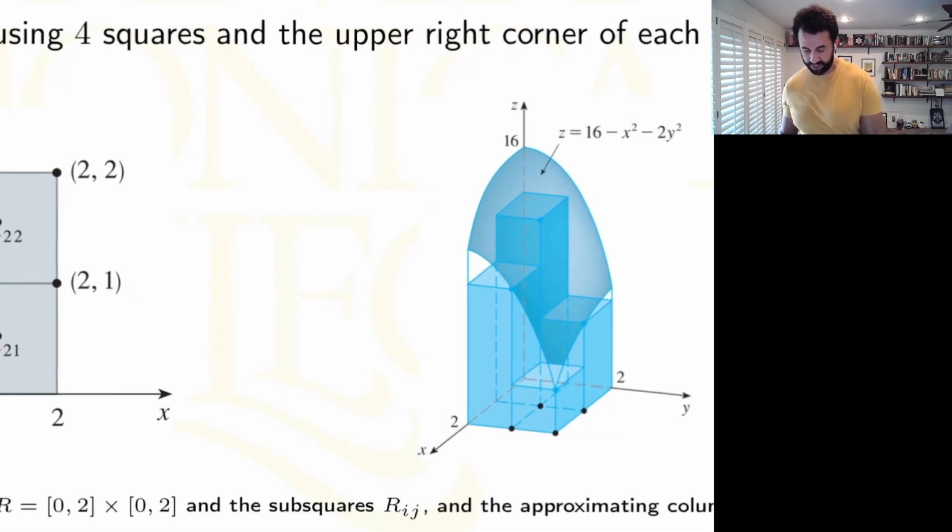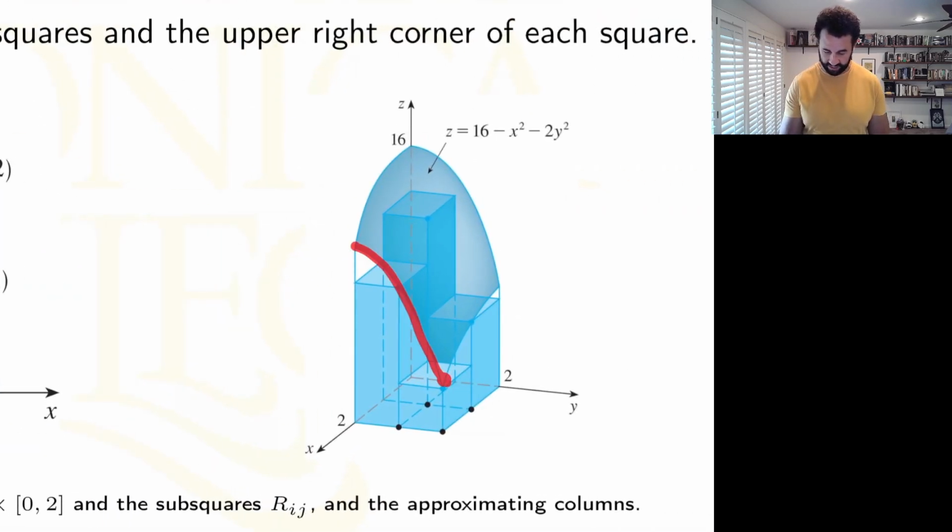So this is a nice picture because you can see the actual surface here, and then you can see our approximation. Our approximation is these columns that you see right down here, and here are the sample points. There you go. So in this case, we're going to get an underestimate. It just happens to be because of the shape of the function and because of the sample points we chose.